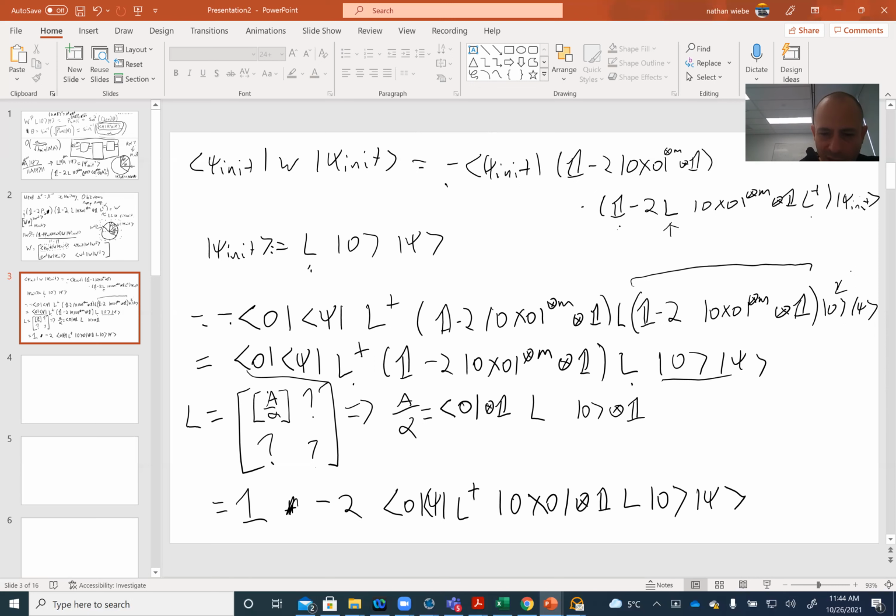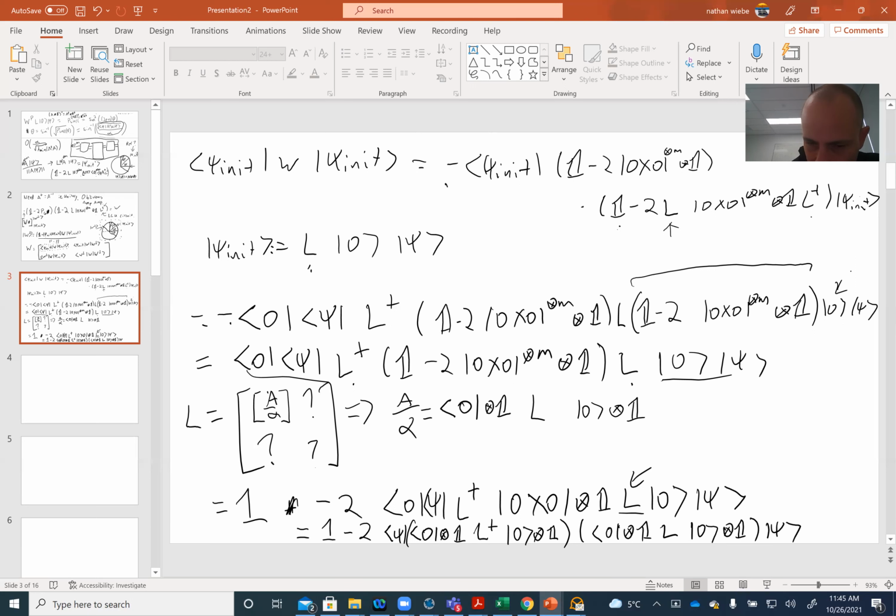Okay, which we can refactor as 1 minus 2, psi, 0 tensor identity, L dagger, 0 tensor identity, times the exact same factorization on the right-hand side, which is 0 tensor identity, but now we don't have an L dagger, we've got an L, so we need to put an L there, and 0 tensor identity, all sandwiched between psi.